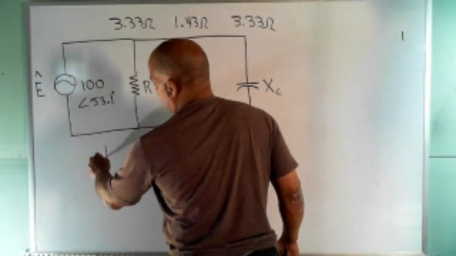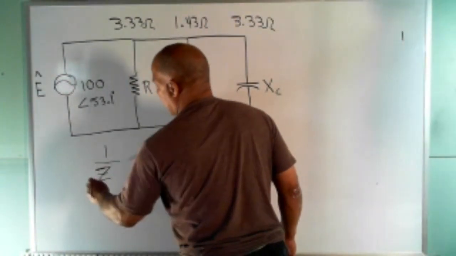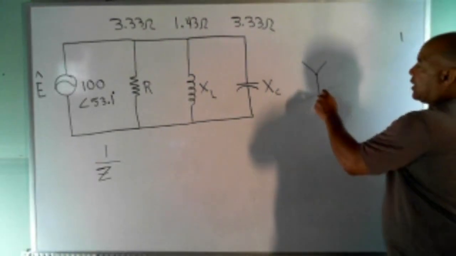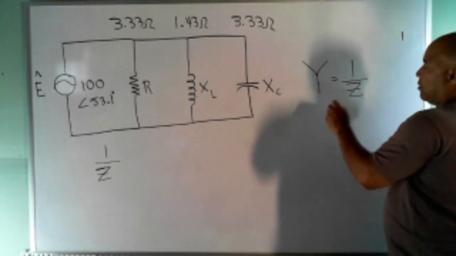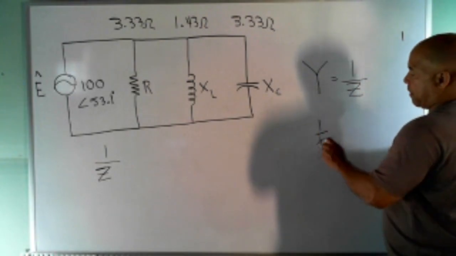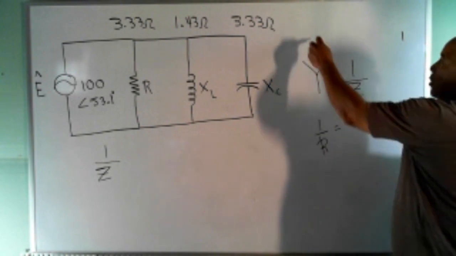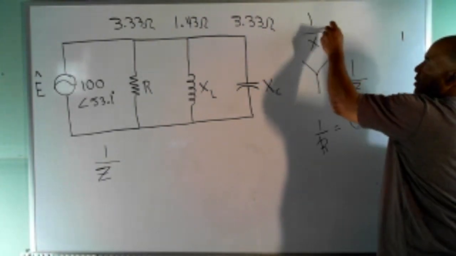So the total opposition, the total impedance, 1 over Z. And remember what I said last time, 1 over Z is called the admittance. 1 over R was the conductance, and 1 over X was the susceptance.